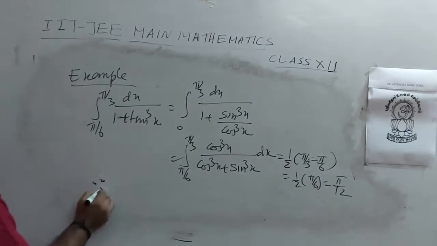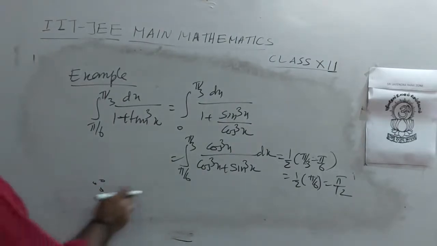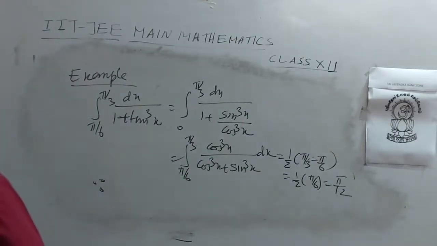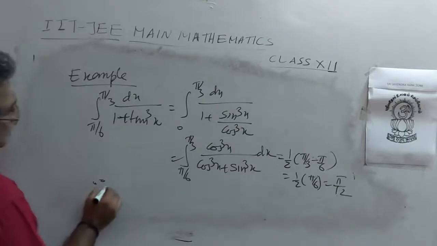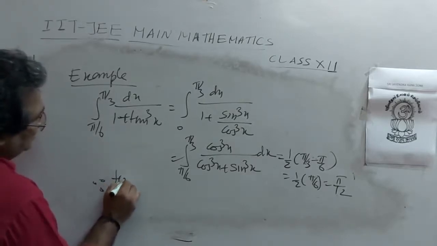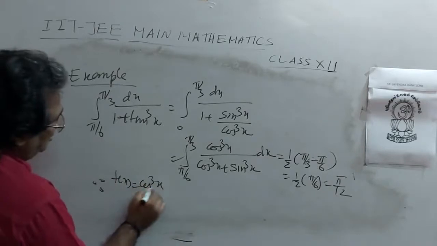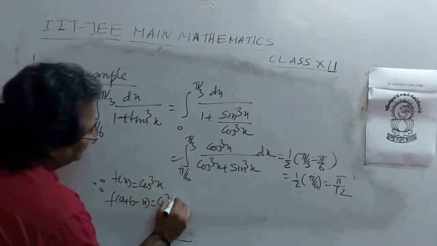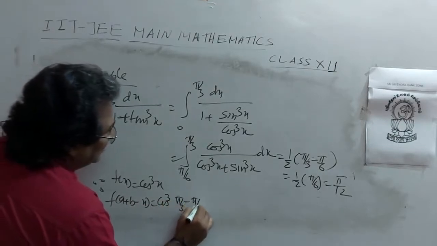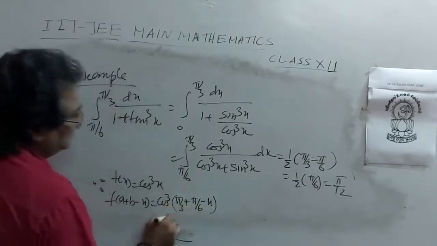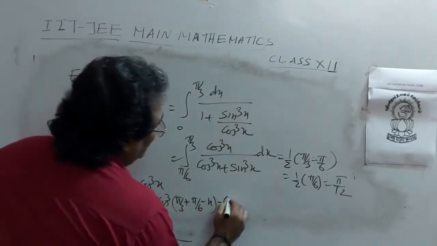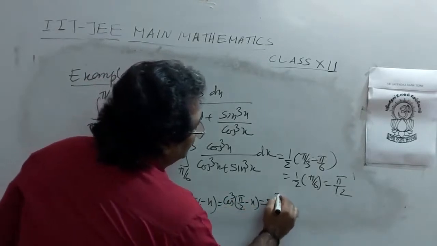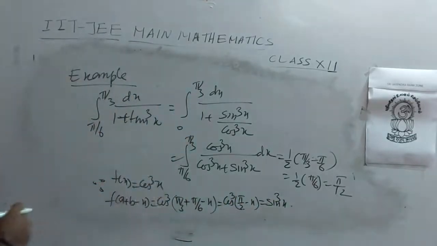Since f of x equals cos cubed x by cos cubed x plus sin cubed x, f of a plus b minus x is cos cubed of pi by 3 plus pi by 6 minus x, that is cos cubed of pi by 2 minus x, which is sin cubed x.